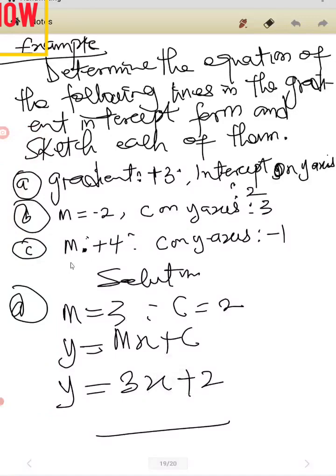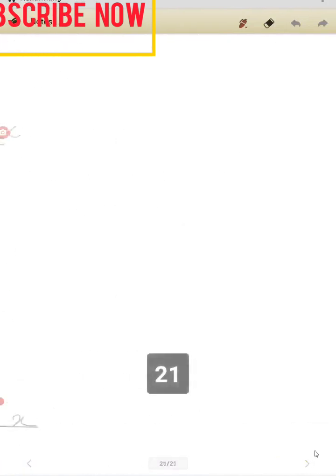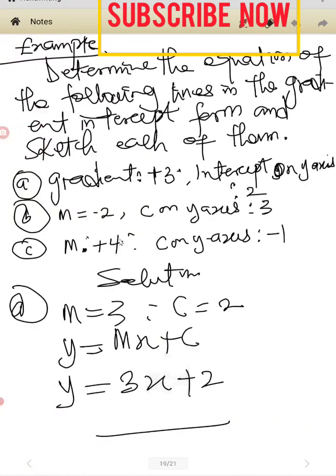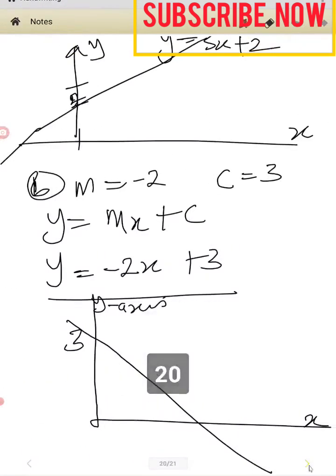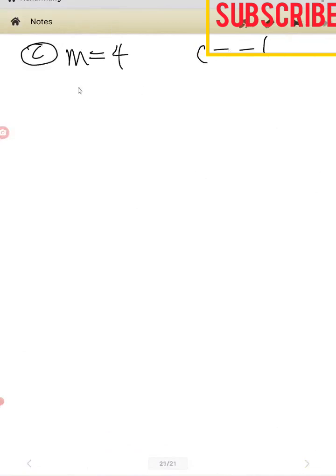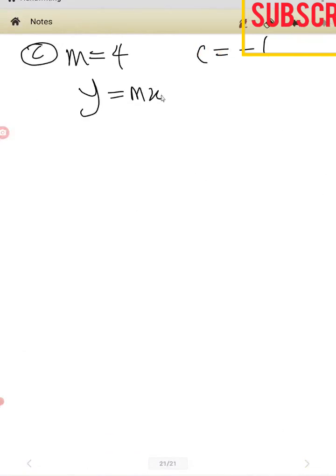Let me solve the third one. The third one says m is plus 4 and the intercept is minus 1. From the question, our gradient is plus 4 and c is minus 1, and we know that mx plus c is the equation of the line.